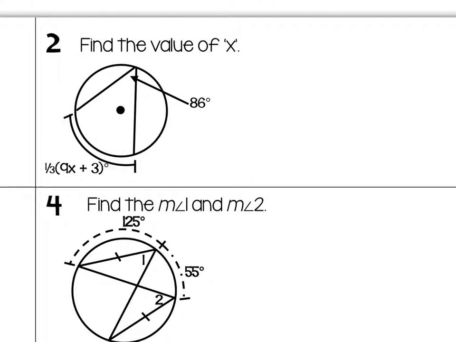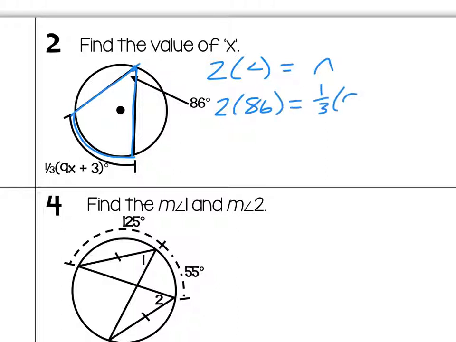Sometimes we have to do stuff with expressions. So I have my inscribed angle and the arc it intercepts. So this one I have the information that I need. 2 times my angle equals the intercepted arc. So 2 times my angle, 86, equals my arc, which is 1/3 (9x plus 3).